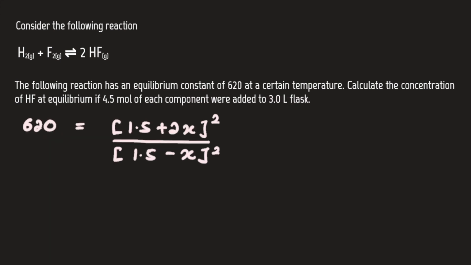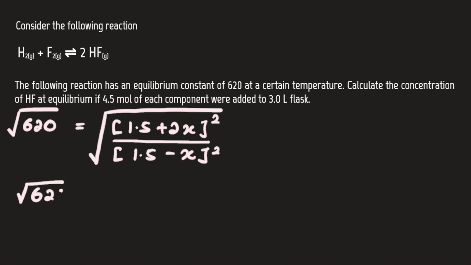So the easiest way for you to solve this is you just have to take the square root of both sides. Therefore, you will get the square root of 620 is equivalent to, you're going to slash out the power of 2, so it's equivalent to (1.5 plus 2x) divided by (1.5 minus x).